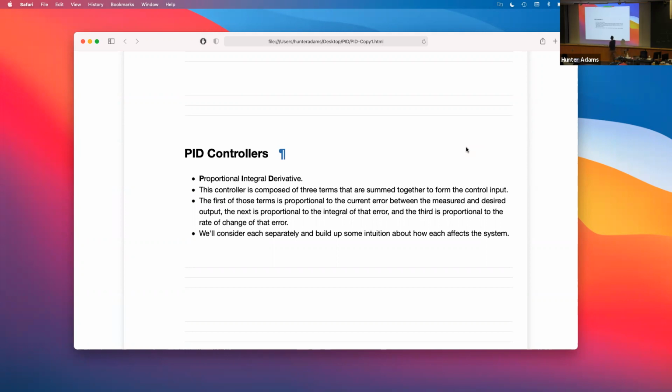The integral term sums the error over time. So it looks at the instantaneous error at this particular time step, plus the error at the previous time step, plus the error at the previous time step, and on and on, so that if there's some small amount of constant error, that small amount of error is summed over time so that it becomes a larger contribution to the control input to move the motor up or down to get rid of that steady state error.